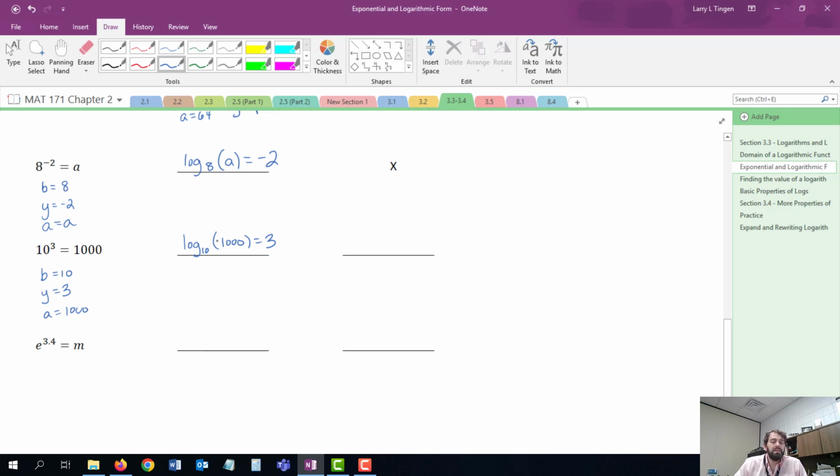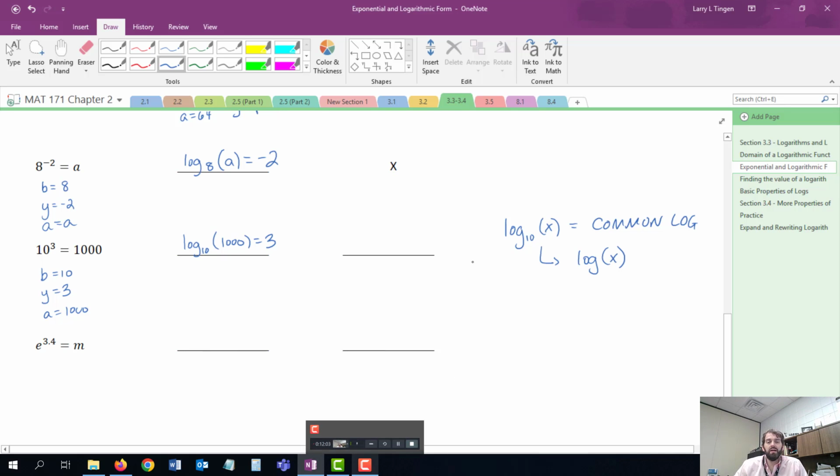Now, log base 10 is a special log, called the common log. It's so common that when we write it, we don't write a base of 10, we just write log of x. So this is log of 1,000 equals 3. That's how that's written.